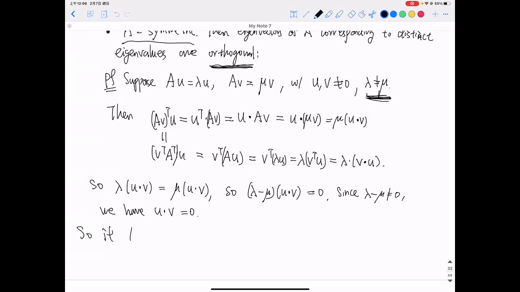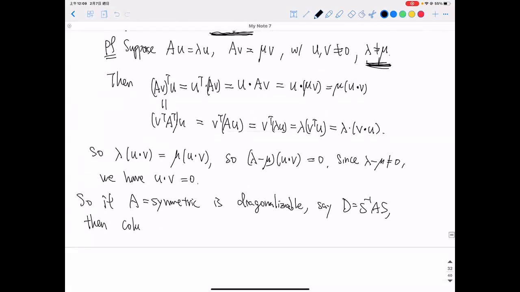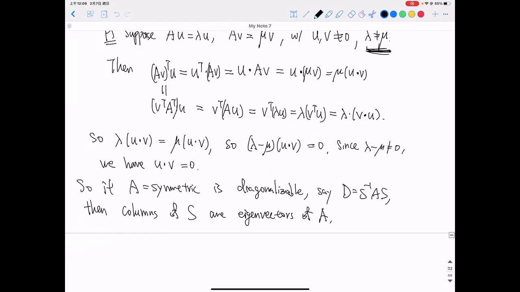So if a symmetric A is diagonalizable, say D is equal to S inverse AS, then as we discussed before, columns of S are eigenvectors of A. We may expect, because for distinct eigenvalues the eigenvectors are orthogonal, that columns of S are pairwise orthogonal.